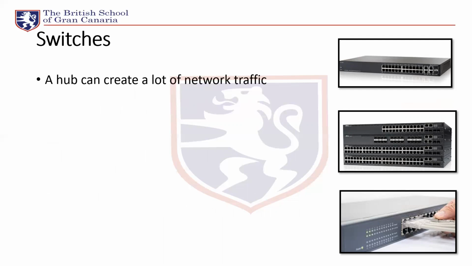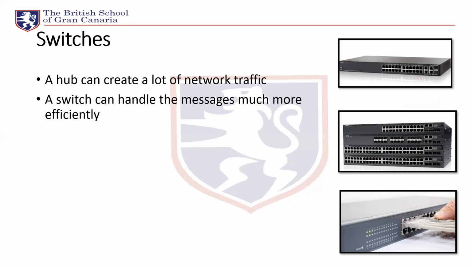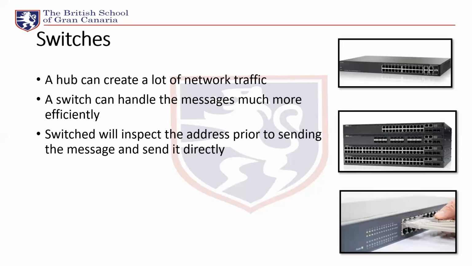The problem with a hub is that it can create a lot of network traffic, but switches can handle the messages much more efficiently. Switches will inspect the address prior to sending the message and then send it directly to wherever it's supposed to go, whereas hubs don't really tend to do that.